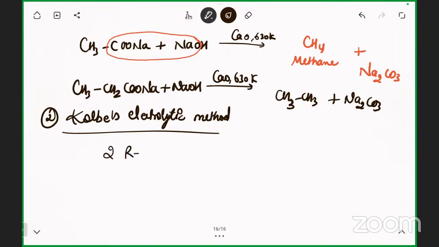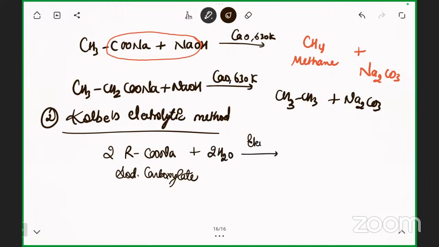Two molecules of RCOONa. This is called the sodium salt of carboxylic acid, or you can say sodium carboxylate. When it reacts with water, and we are providing the electric current, we write electrolysis here. What will happen? The two R groups combine with each other and form R-R.